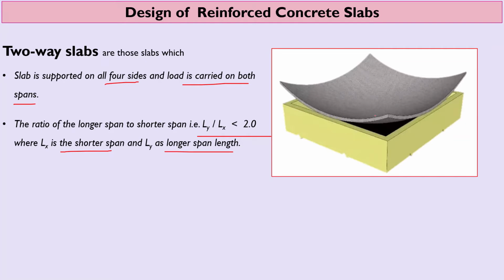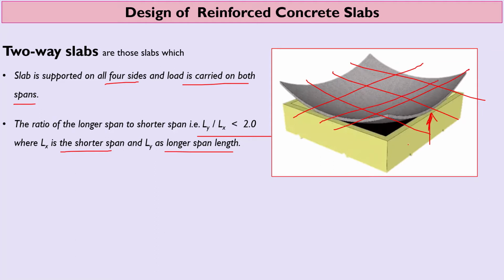Since the slab is supported on all four sides, when load comes on the slab, the bending behavior will be similar to this diagram. That means you have to provide reinforcement in both the directions. Here we will be providing main steel in both directions. This is main steel along one direction and this is also main steel on the other side.